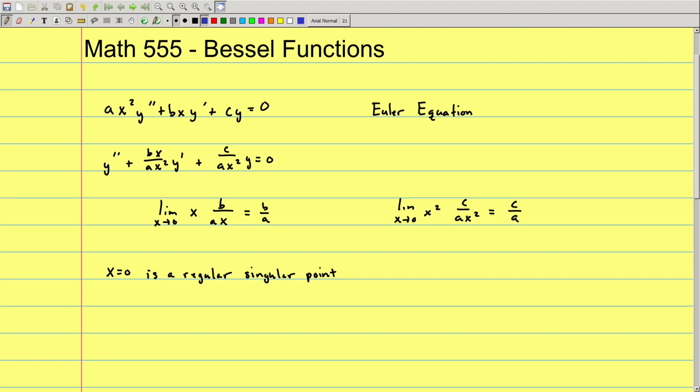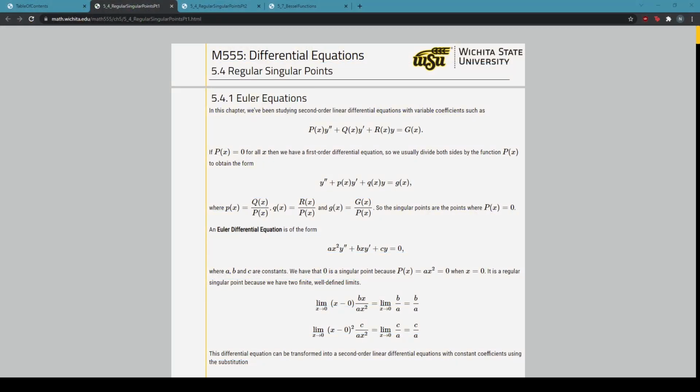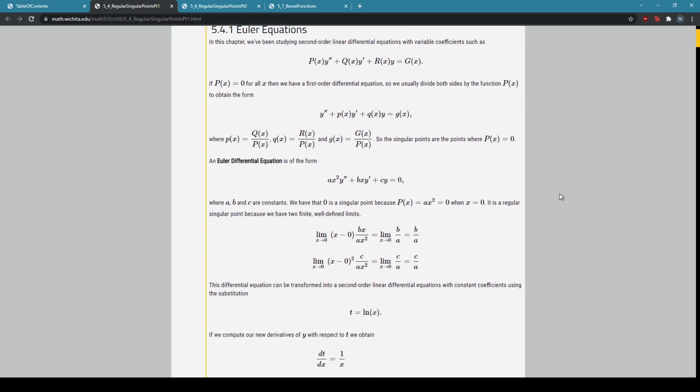Now, if we were to go through all of the details in the two note sections for 5.4 that I mentioned last time, this is covered in a lot of detail. Okay? The brief write-up I just did on the other screen is right here.